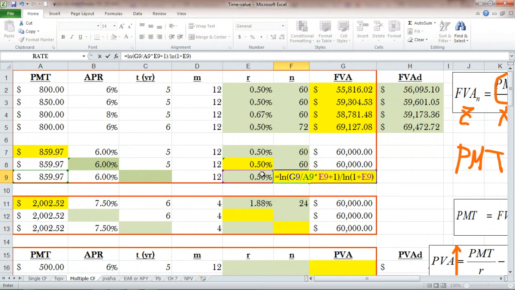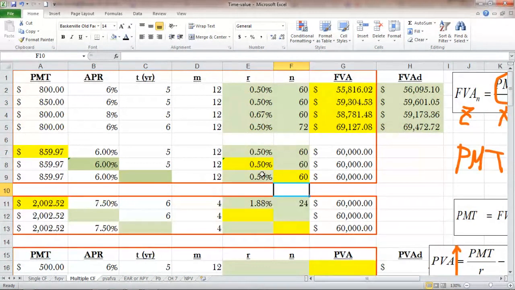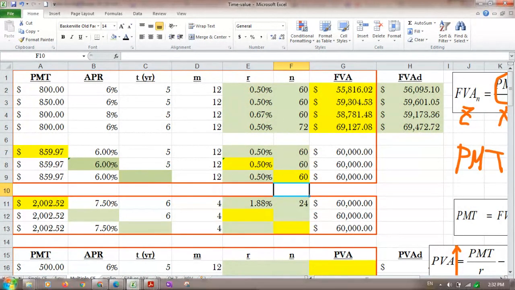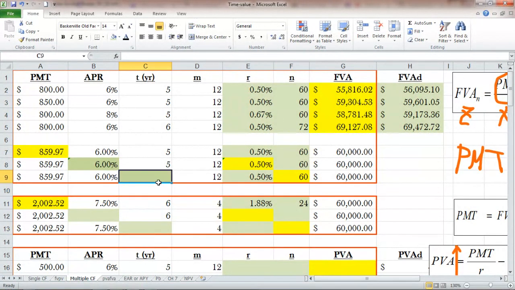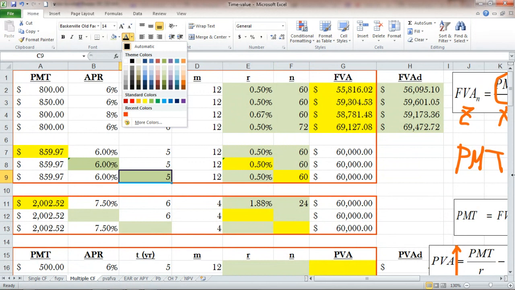And then if you hit enter, you must see 60 there. 60, there you go. Right? And then how about in years? Of course, you divide n by m. There you go, 60. Right?